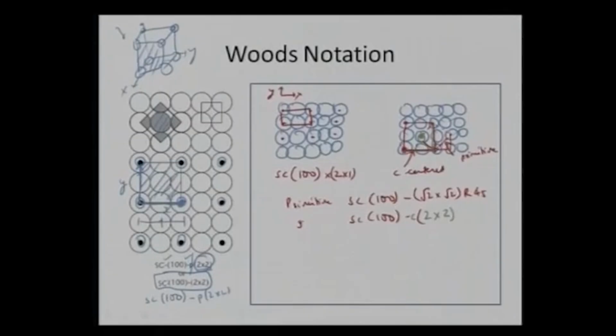So I can define it by simple cubic 100 which is C centered, traversing 2 by 2, or it is a simple cubic 100 plane, and I have to traverse root 2 by root 2 in the x direction and in the y direction. So I can define it by vectors of root 2 by root 2 at an angle of 45 degrees. That is how I am defining my adsorbates using the Wood's notation.